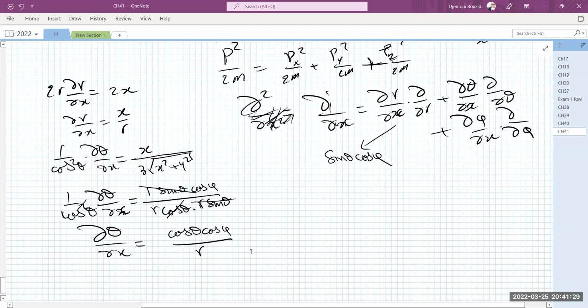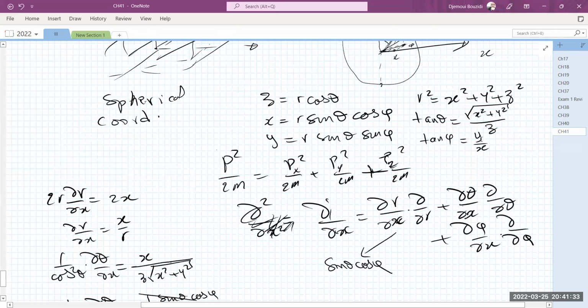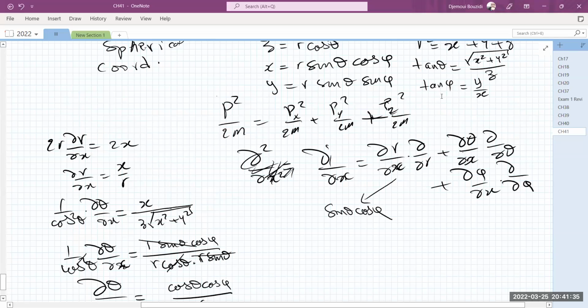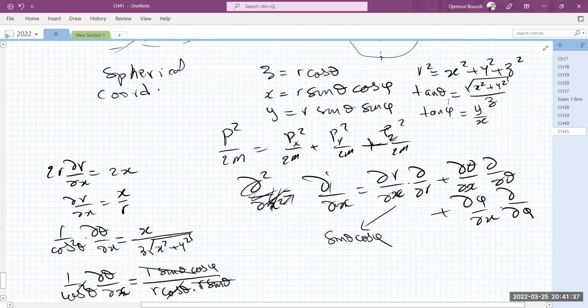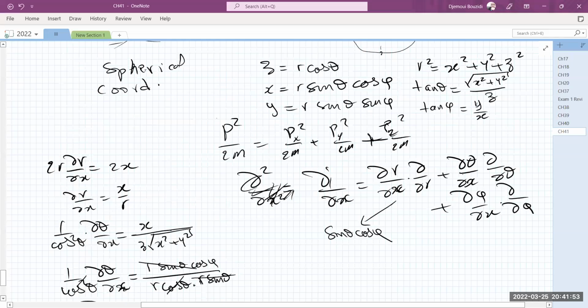Now, the last term you will need is, of course, d phi with respect to x, and that is coming from the last expression. Again, the derivative of the tangent is 1 over cos squared, but in this case, phi, 1 over cos squared of phi times the derivative of phi with respect to x, and what we need in here is equal to minus y over x squared, because x is in the denominator in here.